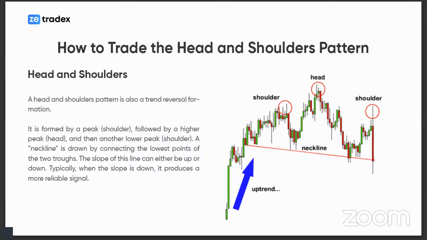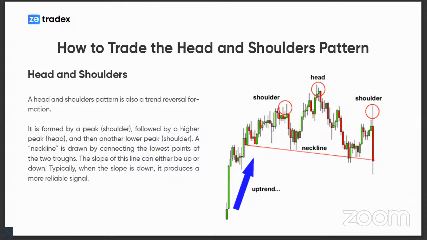The neckline is drawn by connecting the lowest points of the two troughs, and the slope of this line can either be up or down. Typically, when the slope is down, it produces a more reliable signal. So we are seeing two shoulders and a head.